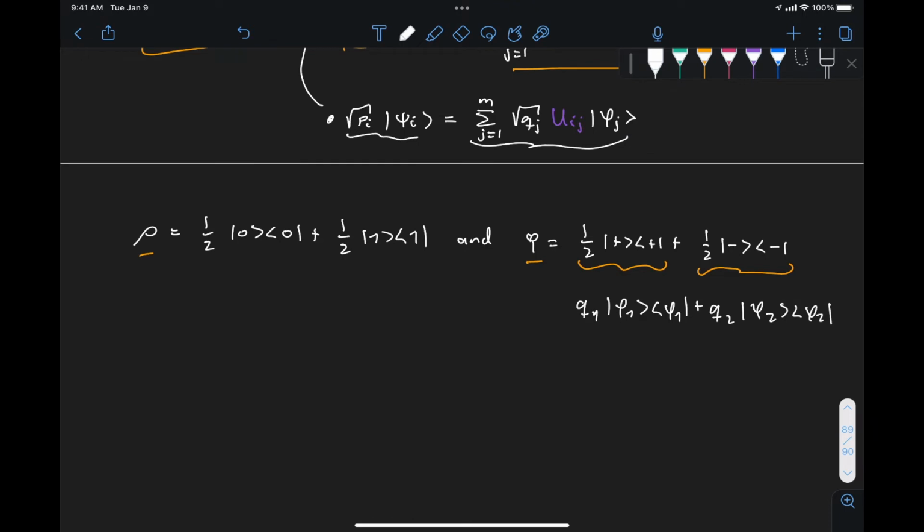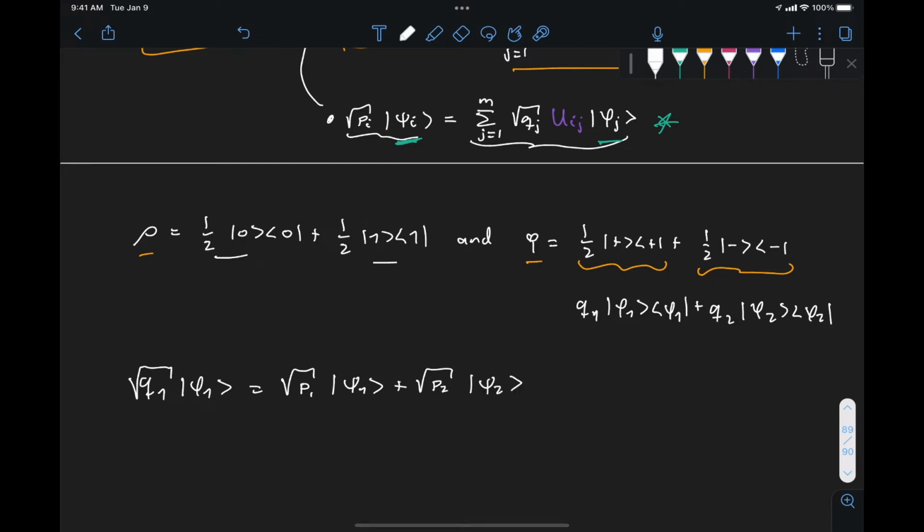And if we use now this expression here, not the one with density matrices, but the one with the state vectors, we can say that this q1, phi 1 can be expressed as the sum of, well, rho has only two terms, so it will be square root of p sub 1, psi sub 1 plus square root of p sub 2, psi sub 2, right?